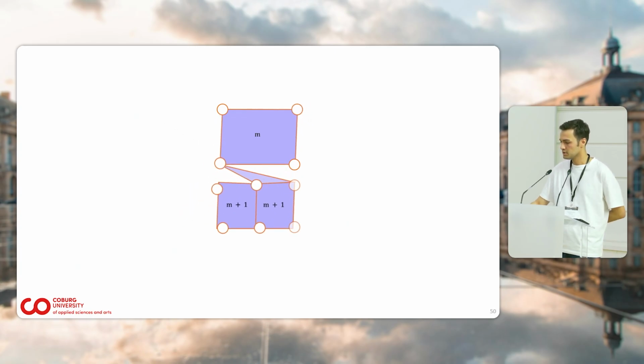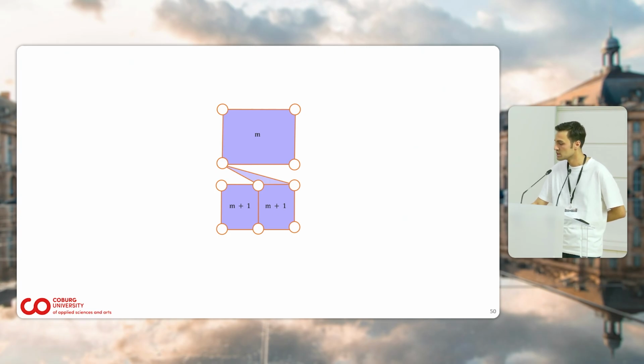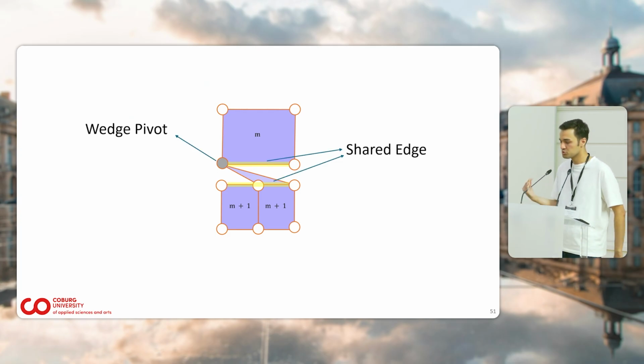And you can see also our wedge and other patches in the parametric domain here. We have a shared edge here, the yellow edge, and we have a wedge pivot. Now the challenge is which thread should draw that wedge. Since we store the crack fixing information, we know which edges, at which level, were fine enough to stop with the subdivision.